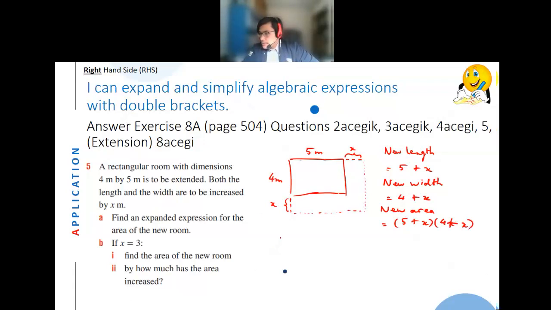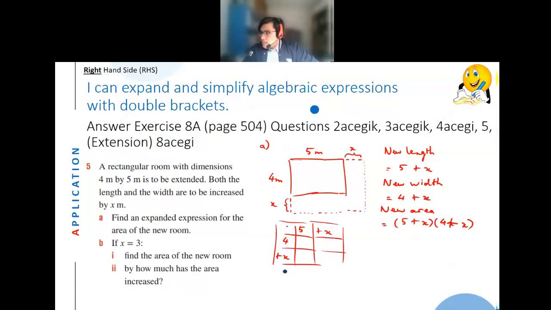Now, there are a few ways that we can do this. Actually, I'm going to show you the way that we've been doing first. And this is for question A. So what we've been doing, we've got 5 plus x, then 4 plus x, and we make a table.